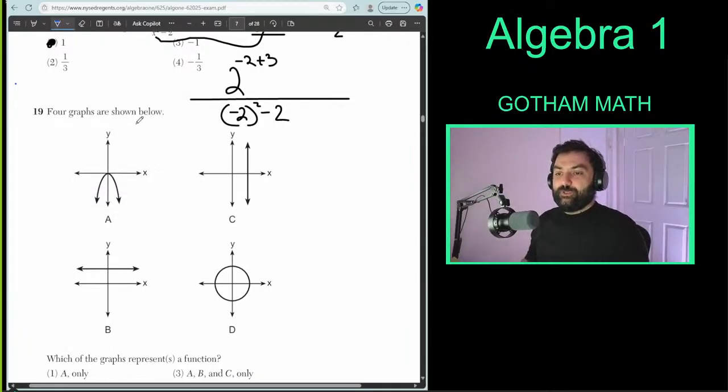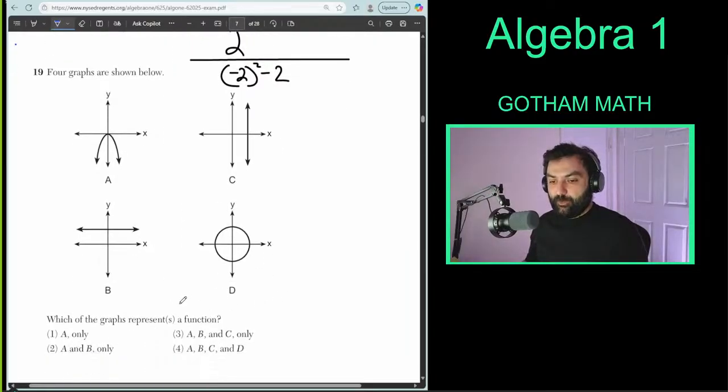4 graphs are shown below. Boom, boom, boom, boom. Which graph represents a function? All right. Is this a function? Yes, it's just a parabola looking down. It is a function. Is B a function? Yes, a horizontal line is actually a function.